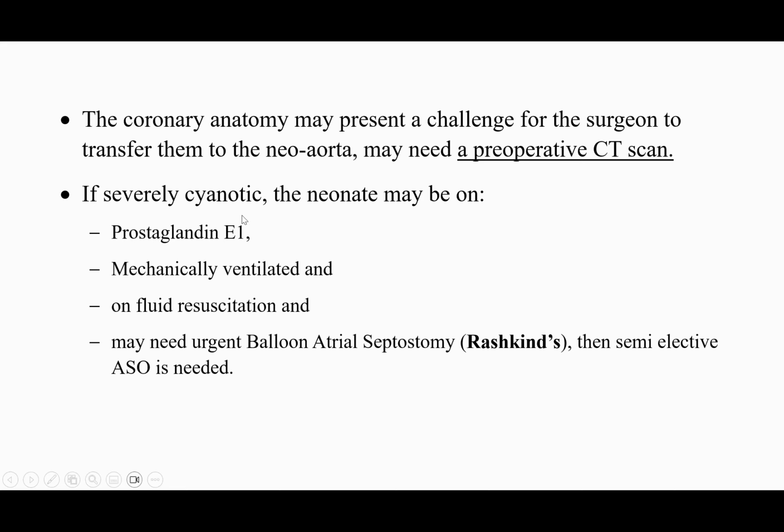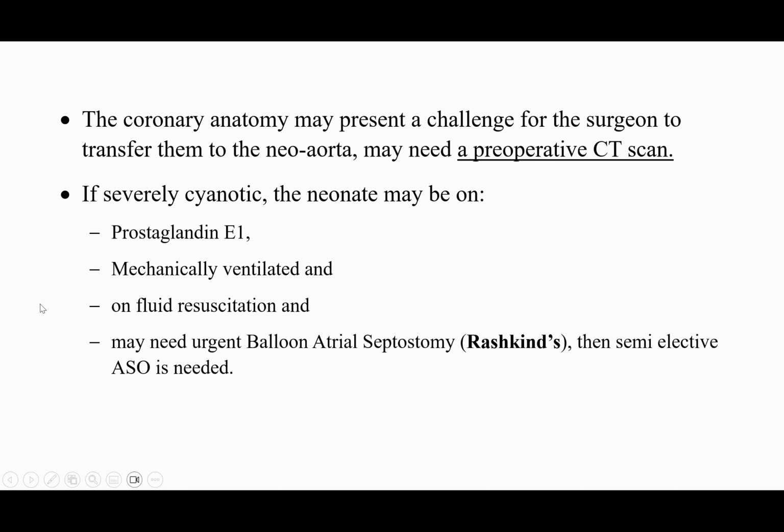If there is severe cyanosis, the neonate may be on prostaglandin E1 to keep the PDA open, mechanically ventilated, on fluid resuscitation, and may need urgent balloon atrial septostomy, Rashkind, then a semi-elective arterial switch is needed.